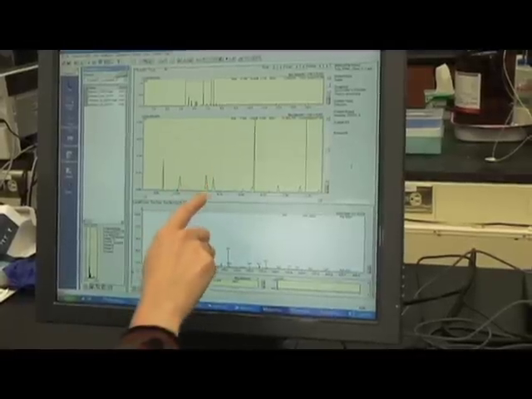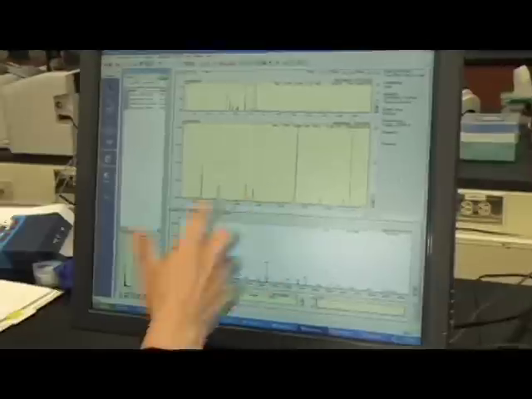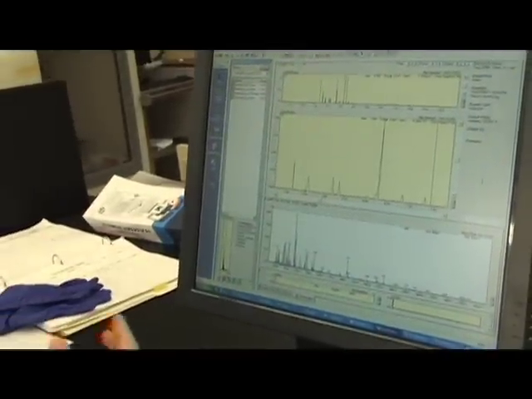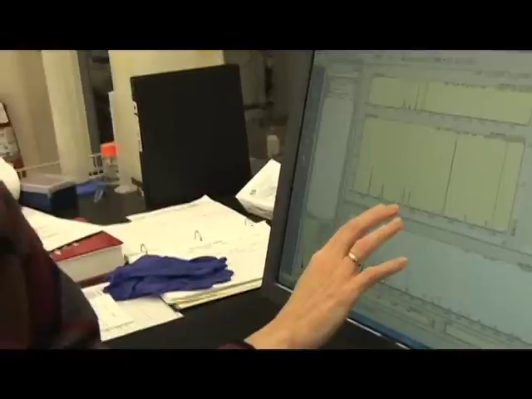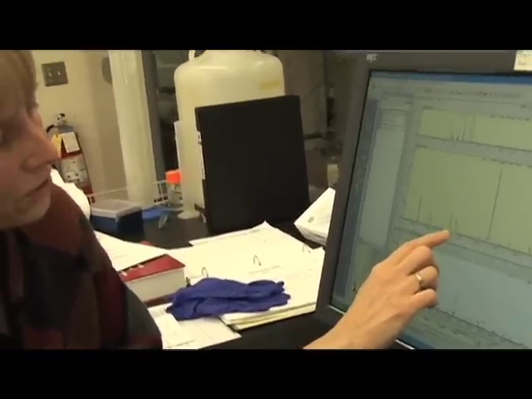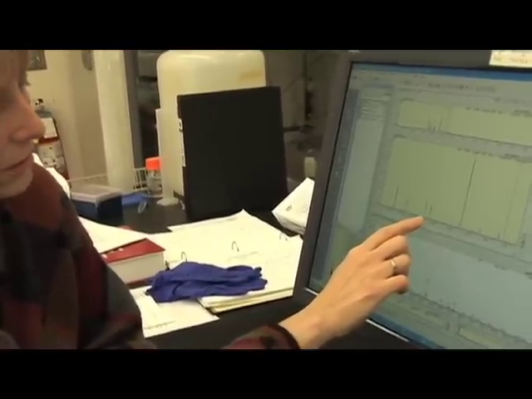Now, the area underneath such a peak is proportional to the amount of compound that is detected. And so what does this peak actually represent in the case of the mass spectrometer?